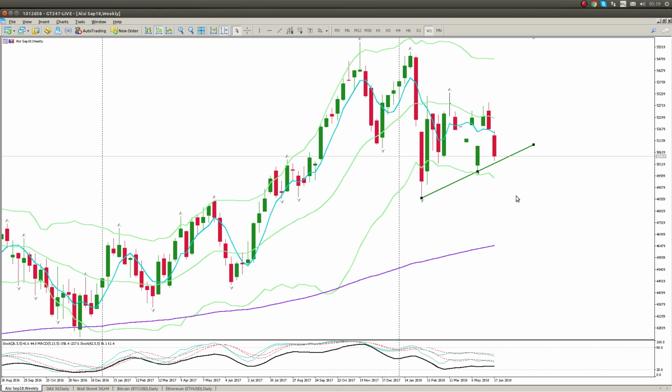So pretty much this trend here, and I can extend it to pretty much there. We've had 1, 2, 3, 4 touches on this trend line. So it's a pretty strong trend, and it's an upward trend which is pretty much intact. This is still intact for now, and from my perspective we should be looking for longs off here for a bounce back to the top of the channel.